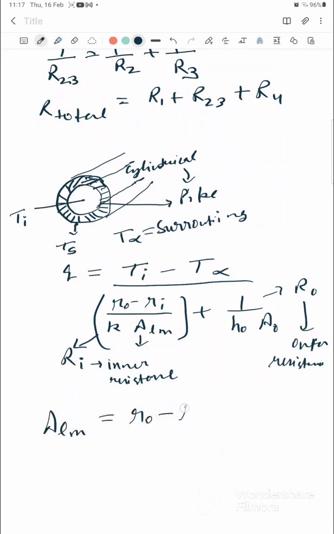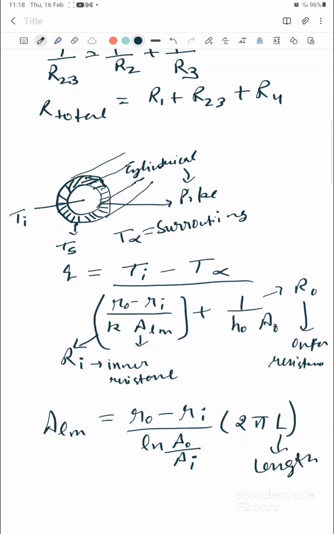Alm is R naught minus Ri, ln A naught by Ai, 2 pi L. L is length of pipe.